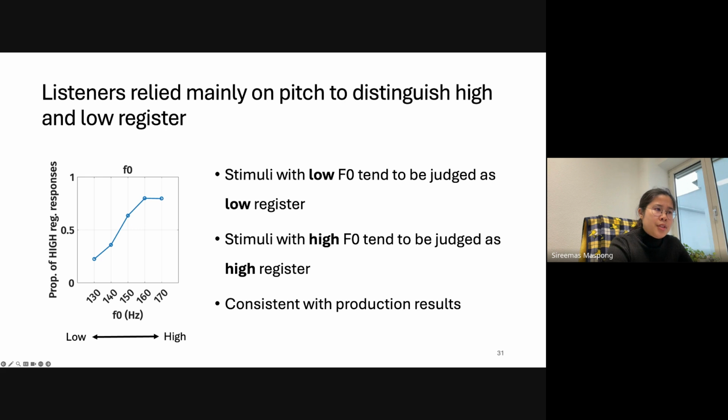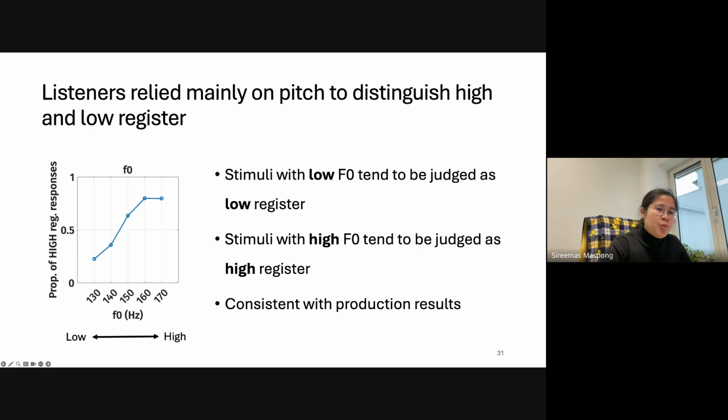So it's difficult to say what exactly is the range that we would say ambiguous and unambiguous. We base it mainly on the middle of the range that we have. So 130 is the mean value of the low register that we got from that model participant, and 170 is the number that we got from the model participant.